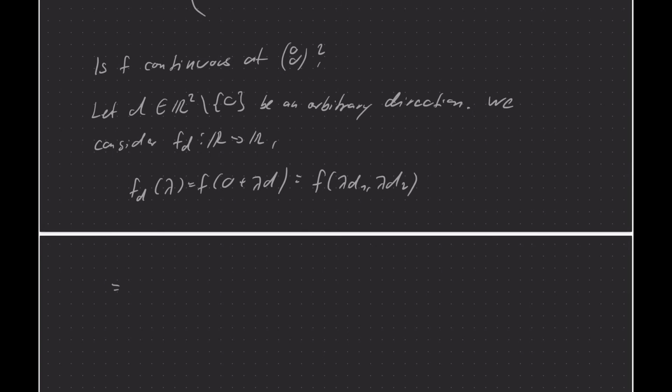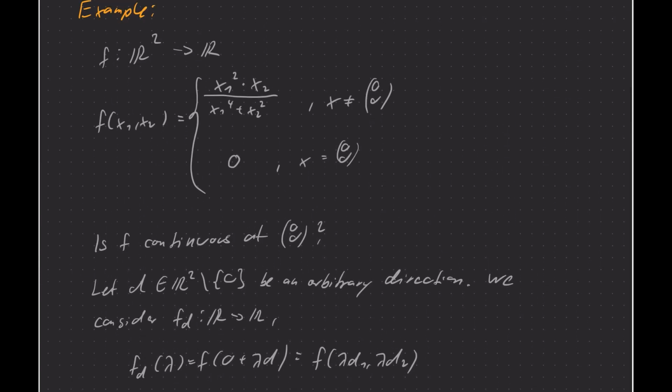Okay, well, what is this? In case lambda is 0, then of course we are at the origin, so the value will be 0. For lambda not equal to 0, we're in this first case here, so we'll simply substitute lambda d1, lambda d2 into that function.